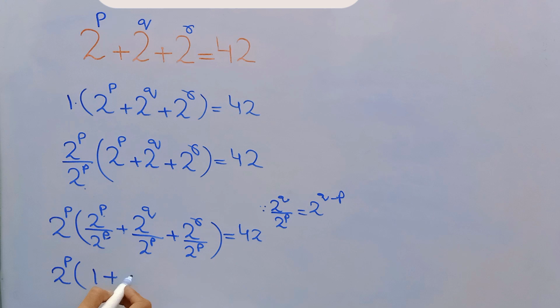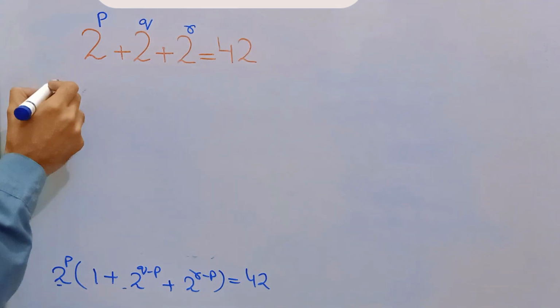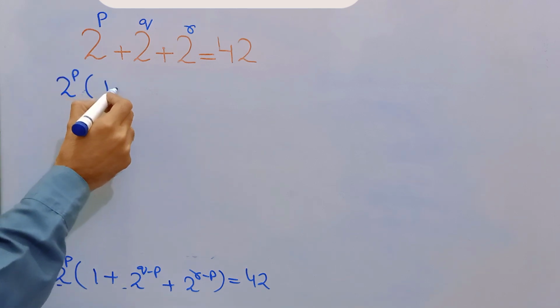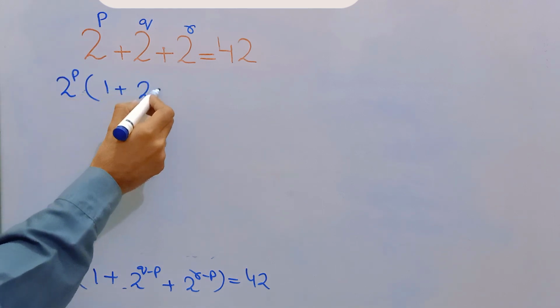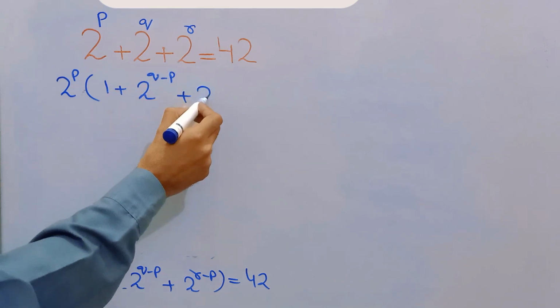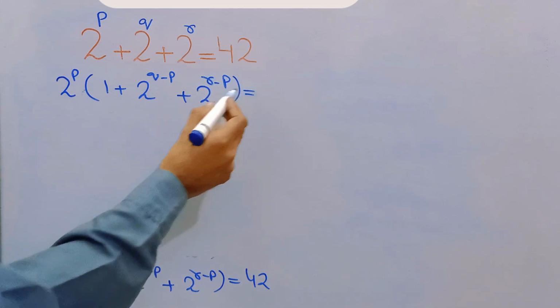By using this, 2^(q minus p) plus, then it can be written as 2^(r minus p) is equal to 42. Then next step student, 2^p times (1 plus 2^(q minus p) plus 2^(r minus p)) is equal to 42.